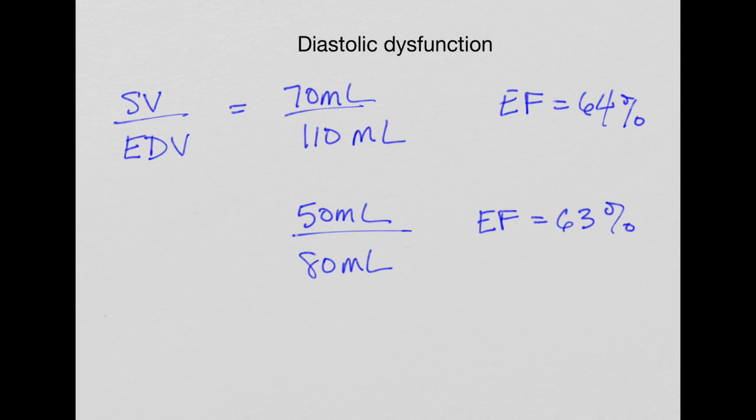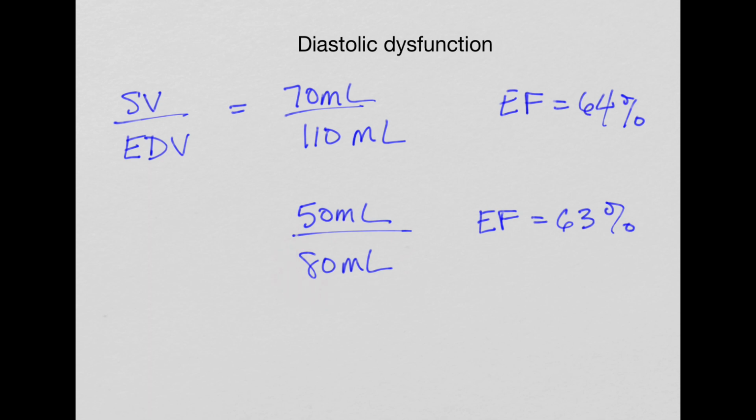Now, this isn't always captured as obviously in the ejection fraction as it is with systolic dysfunction. So remember, in a normal heart, we'll have 110 mLs as our preload. Contractility is normal. We eject 70 mLs, giving us an ejection fraction of 64%. Now theoretically, in diastolic dysfunction, you could have good contractility, but your filling pressures are elevated.